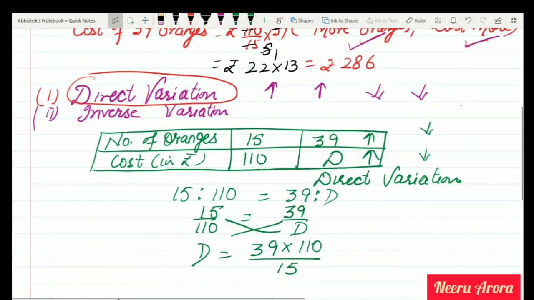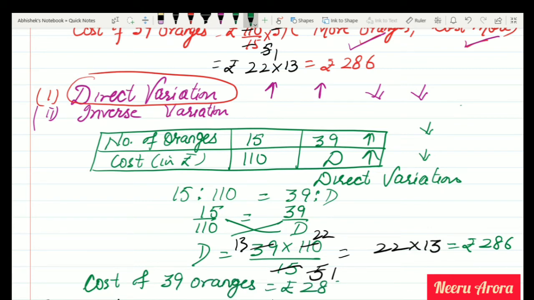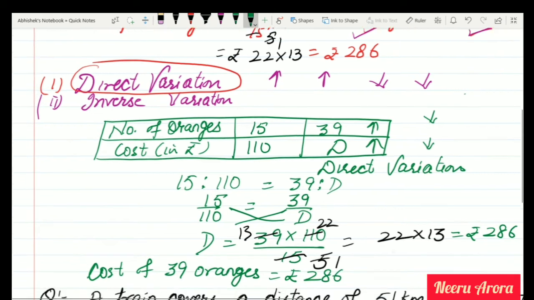Let's do the cutting. It is 5, 13. Again, 5 ones are 5, 22. So again, it is 22 into 13, that is 286. So cost of 39 oranges is equal to rupees 286. Let's discuss one more question.